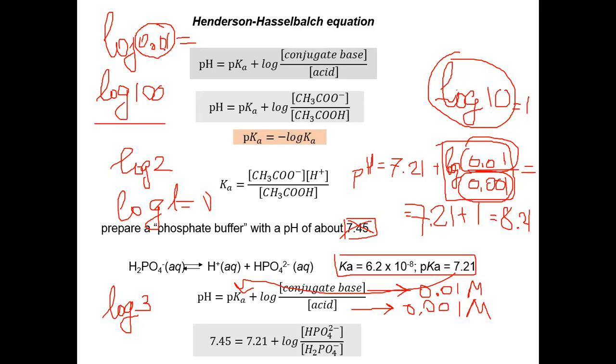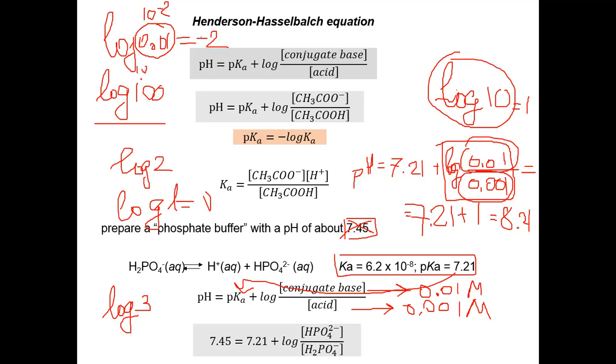It's 10 to the power -2, so the logarithm is just -2. This kind of thing you must know. You don't need a calculator for this. This is base 10, right?